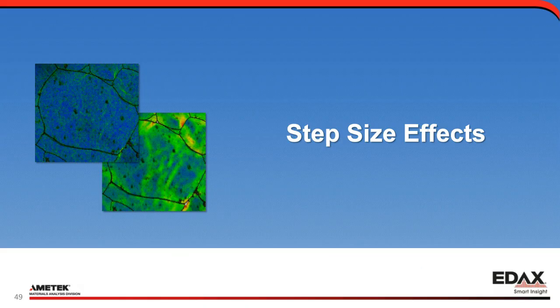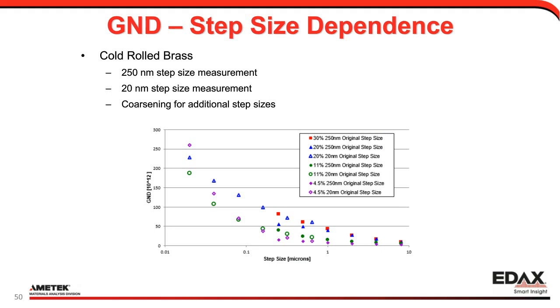Okay, so what are the step size effects? I'm going to just show a quick example there in the title slide. Here's some experiments on cold rolled brass. We did two different sets of experiments, one at 250 nanometer step sizes and one at 20 nanometer step sizes. And then using coarsening of the data, we can actually pick up some other step sizes.